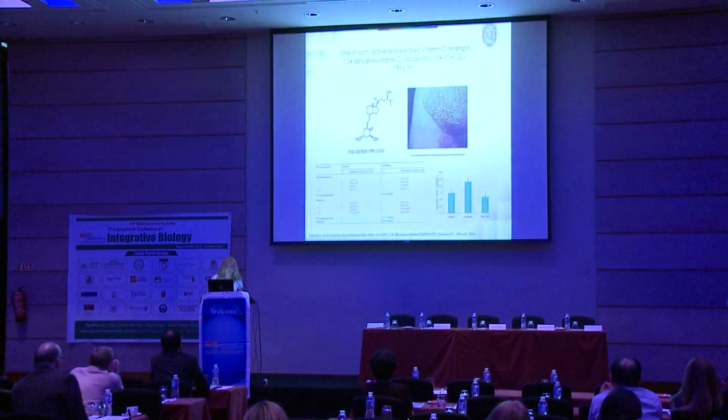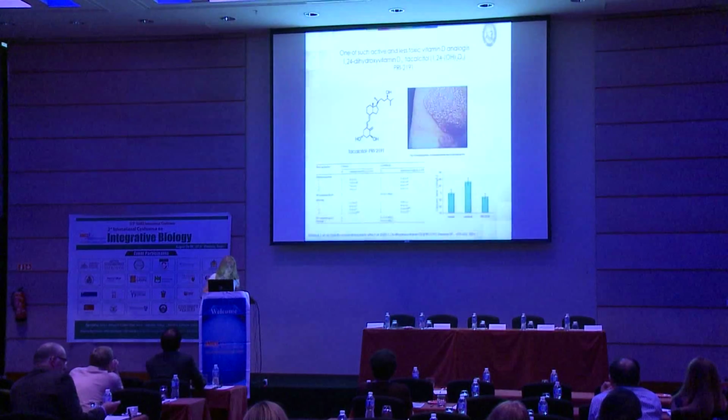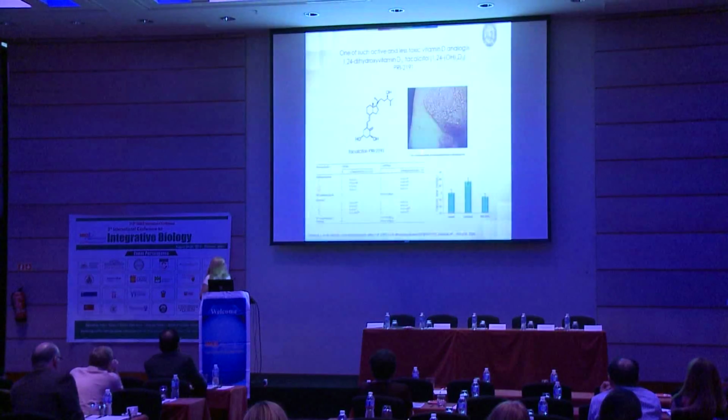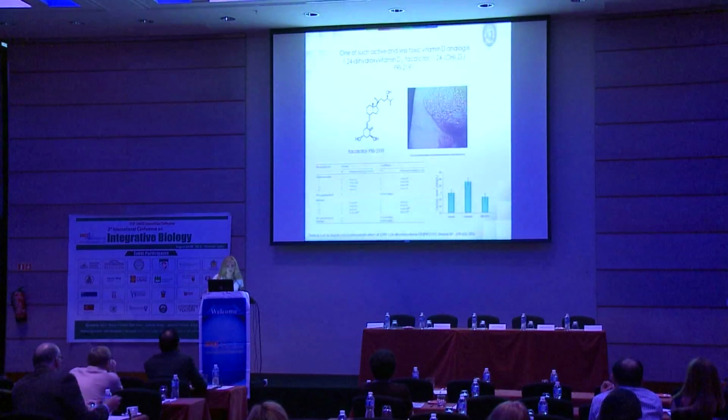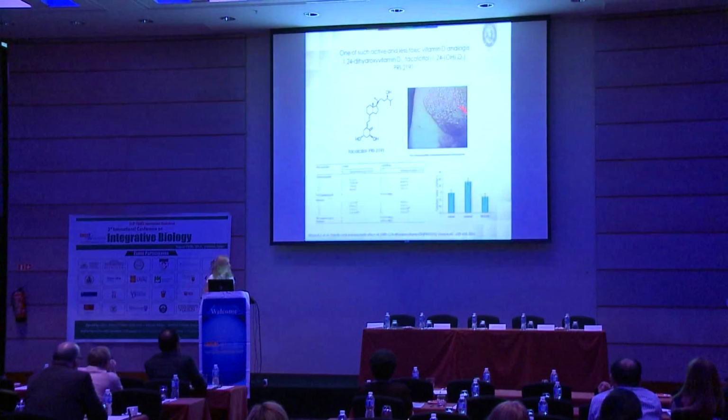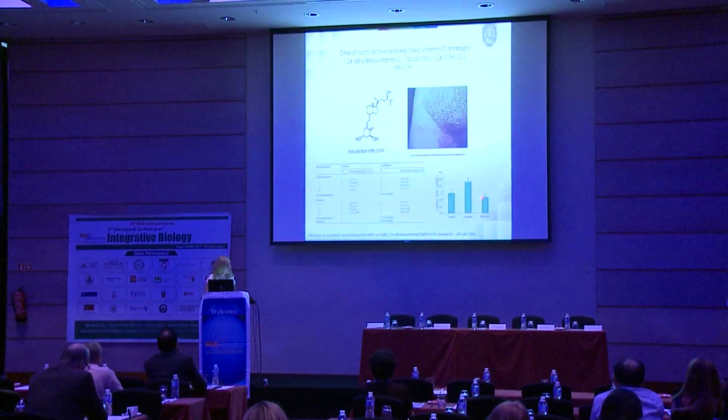Because of that, the development of analogs was started, and one of the active and very good analogs is used in treatment of hyperproliferative diseases like psoriasis, and it has reduced calcium-mobilizing properties.